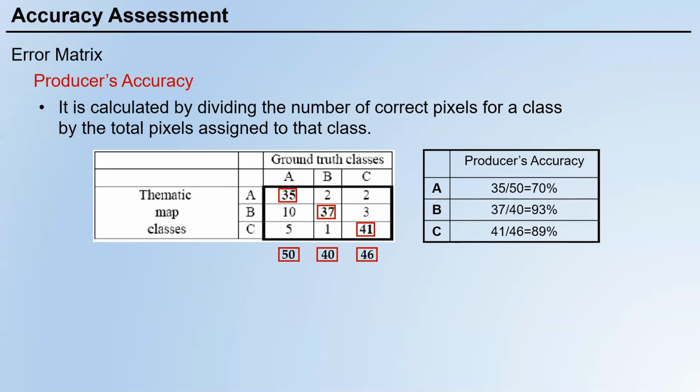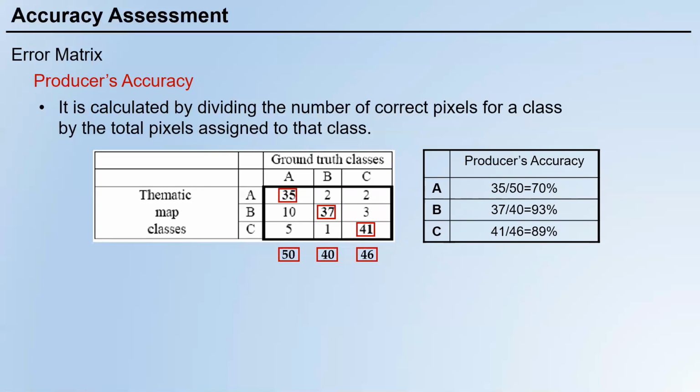That's ground truth. But your classification only gives me 35 of them. The rest 15 were wrongly classified. So for class A, the producer's accuracy is the ratio between 35 and 50, and the result is 70%.